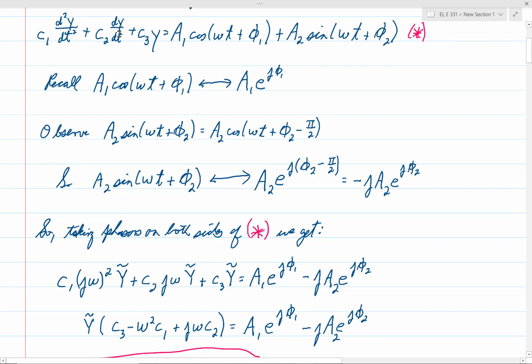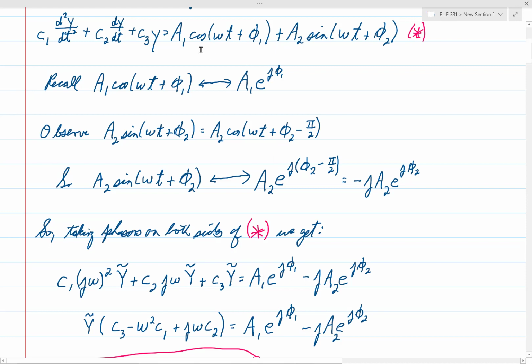Here we have the first derivative, so we just have j omega to the first power, and C2 and y tilde, and then for this term, just C3 y tilde.